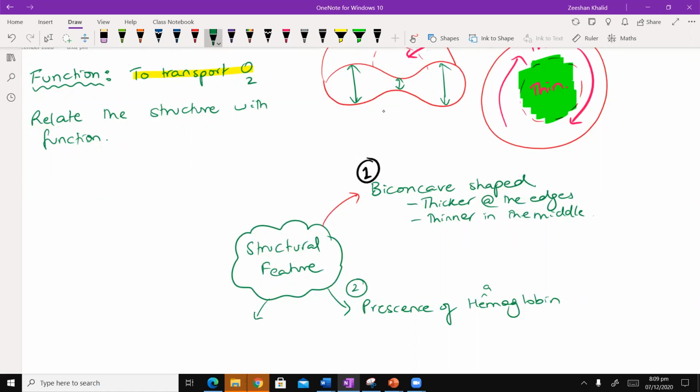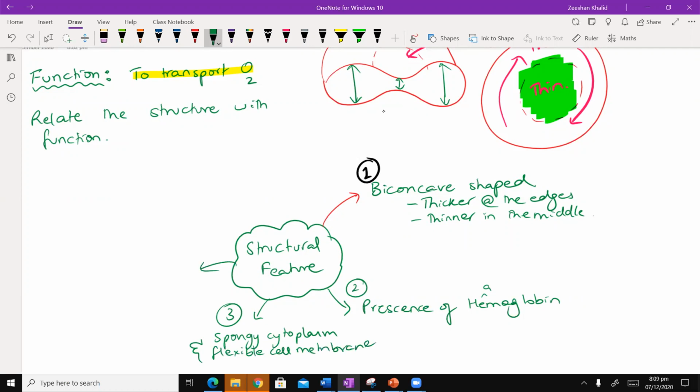The third structural feature that we are going to understand is spongy cytoplasm and flexible cell membrane. Okay, that's another feature.